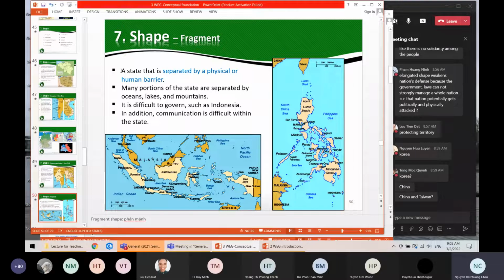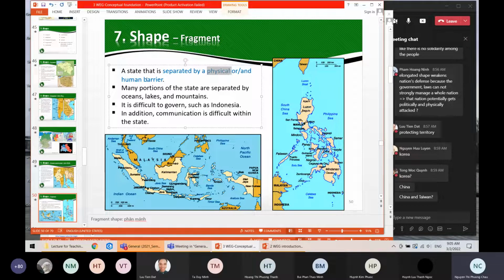So what is the shape of fragment? It is a state that is separated by a physical barrier, because based on the physical barrier, it causes a human barrier. So first, what is a physical barrier?